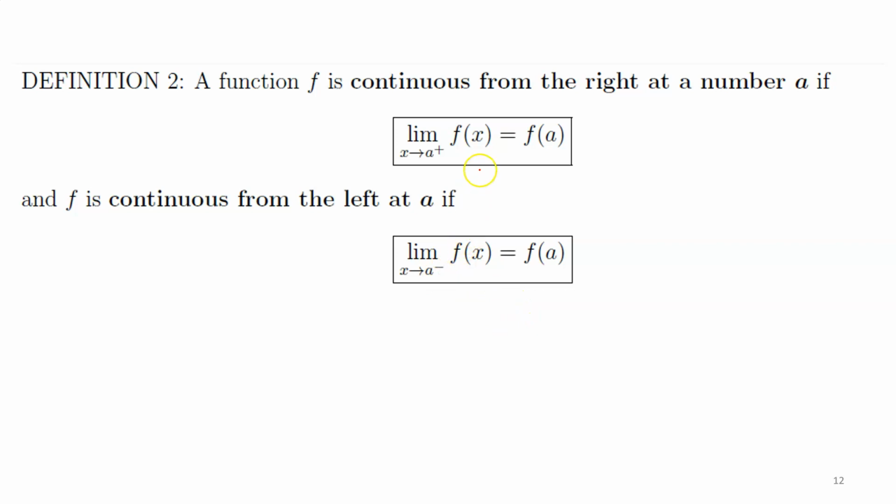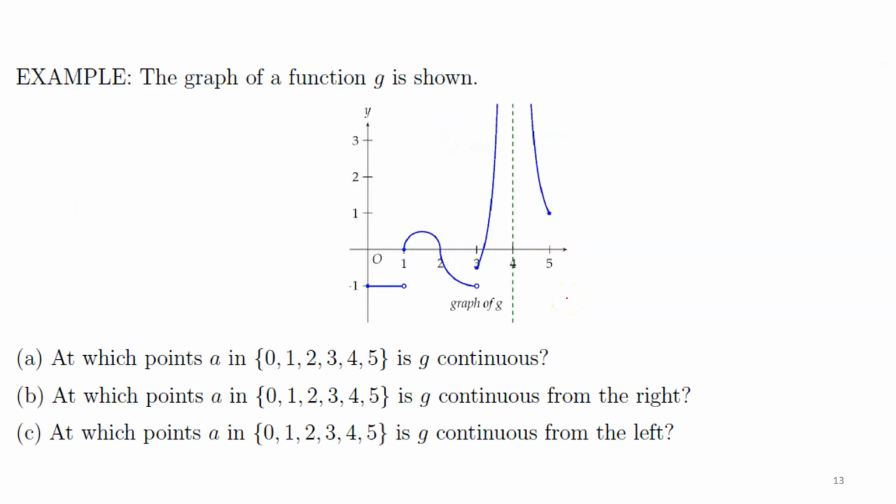Okay, dia kata dia bersambung dari sebelah kiri atau bersambung dari sebelah kanan if this limit is equal to f(a). f(a) means bila you substitute direct a ke dalam the function, x equal to a.